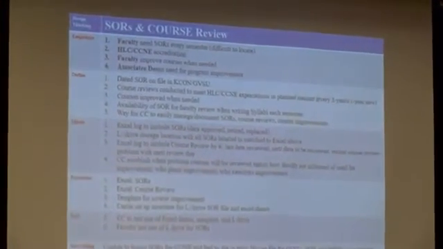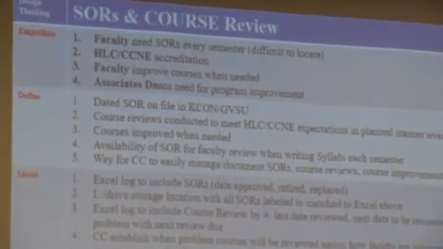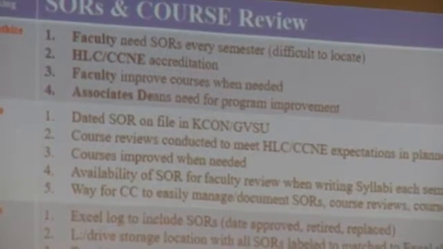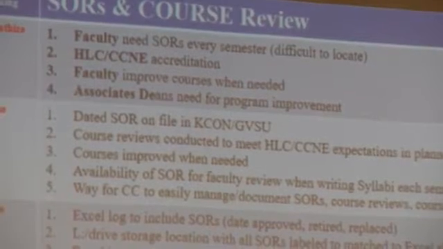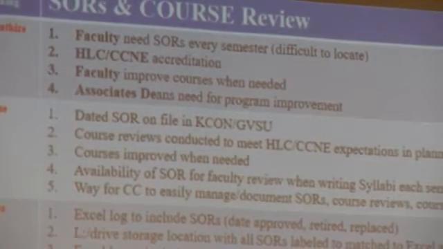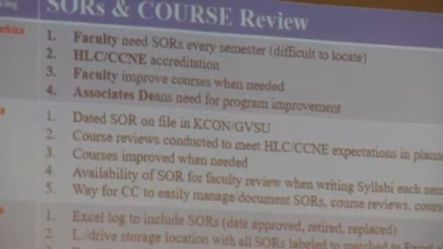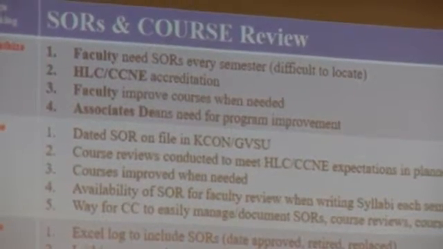And that course reviews are conducted to meet accreditation expectations and in a planned manner. And then courses are improved when needed, with whatever Sue said. And then we need to make sure that the SORs are available for us to use when we're writing our syllabi each semester.